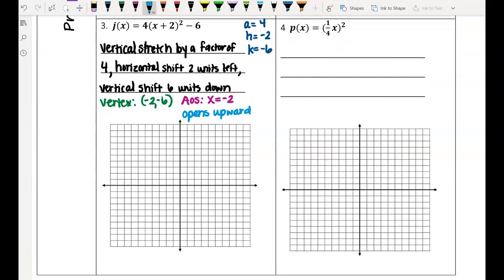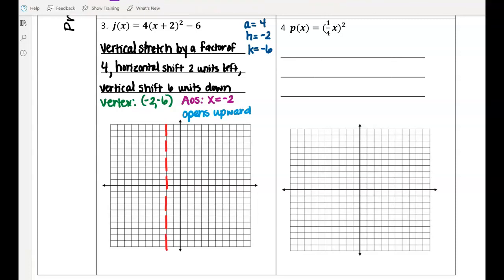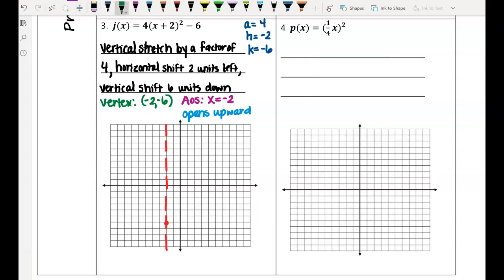So if I draw in my axis of symmetry at negative 2, now this is a little tougher. I know my vertex is at negative 2, negative 6. But how do I get my other points if I have a stretch factor of 4?